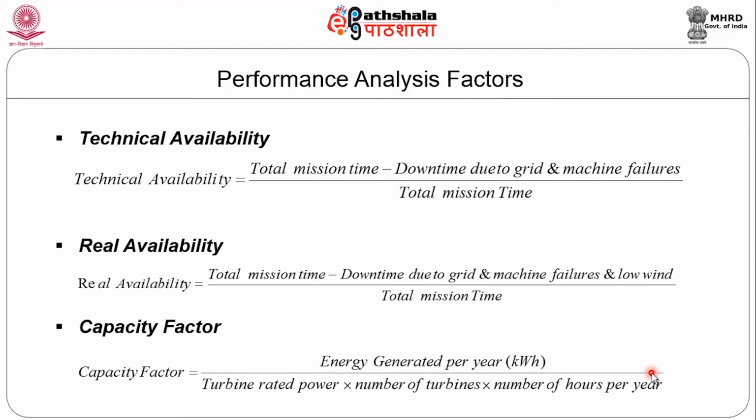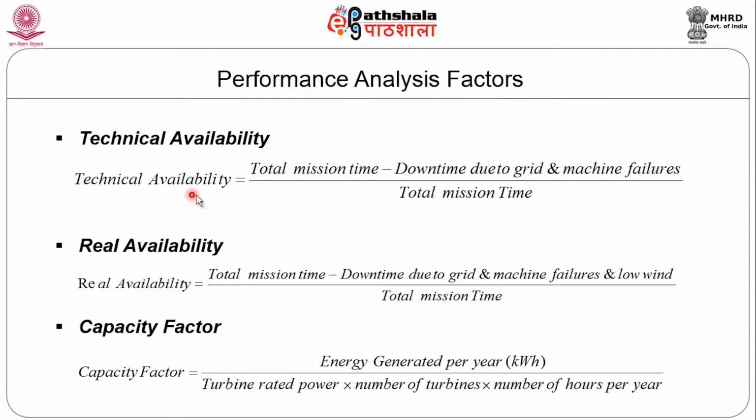And the performance analysis of a wind energy system has three very important factors through which we can analyze the performance of the wind turbine generator: the technical availability, the real availability and the capacity factor.